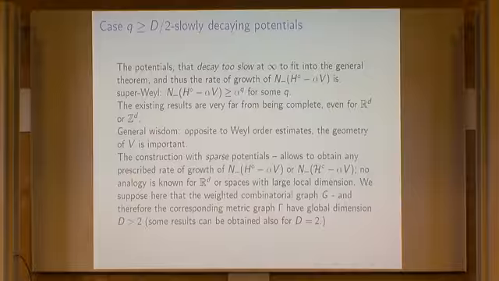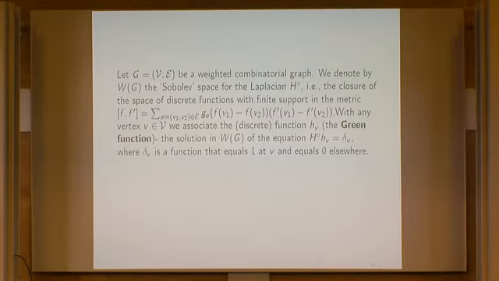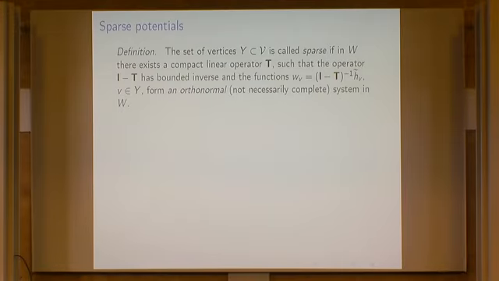And we invented a construction, we call it the construction with sparse potentials. So suppose we have a graph, and the potential consists of small islands which live very far away from each other, and zero between islands. I have no time to go into details of the construction, but the main result is the following.